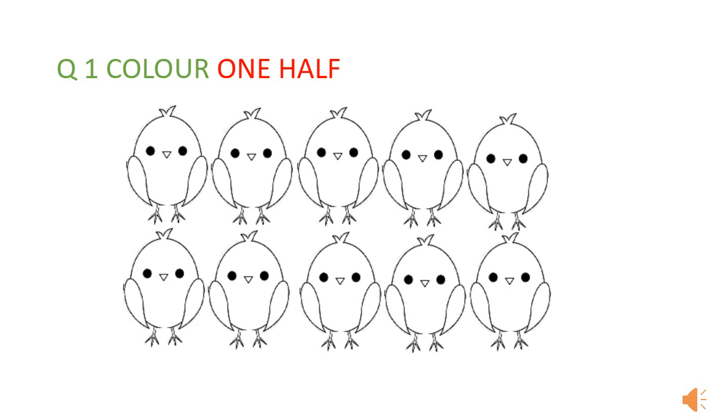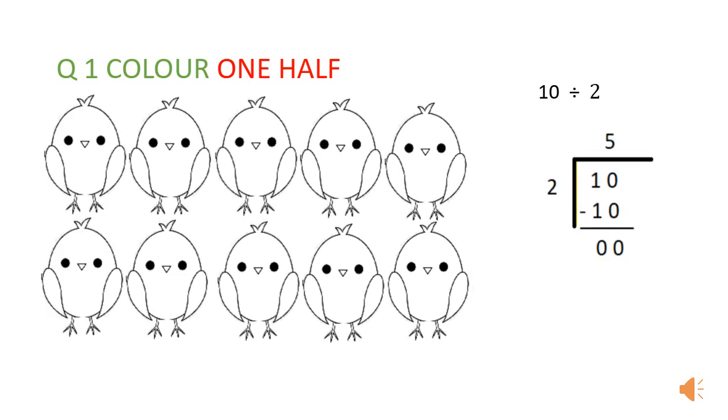So we will count how many chicks are given. And here you will see that total altogether 10 chicks are given, right? So what we will do is we will divide 10 by 2 because it is half.